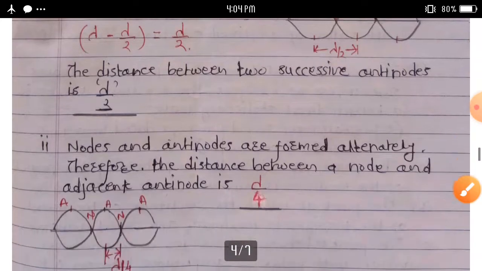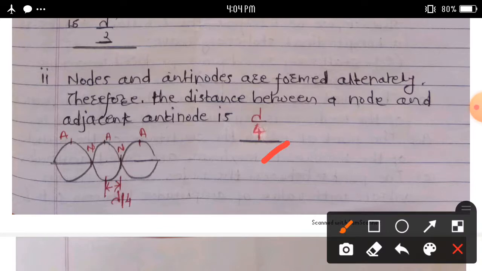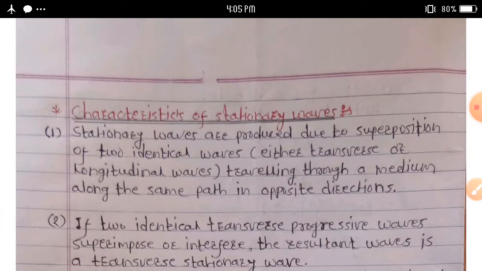And another one we can find: nodes and antinodes are formed alternately, therefore the distance between a node and an adjacent antinode is λ/4. See here is an antinode, here it is a node, then the distance between the node and adjacent antinode becomes λ/4.